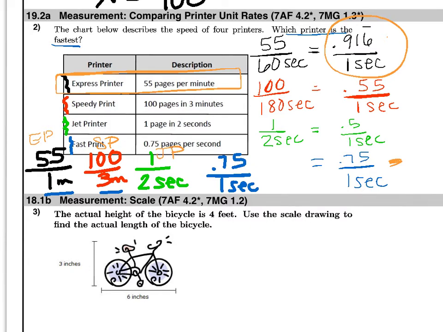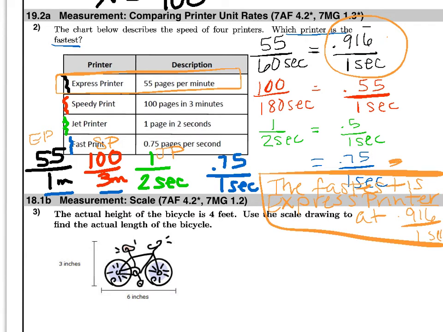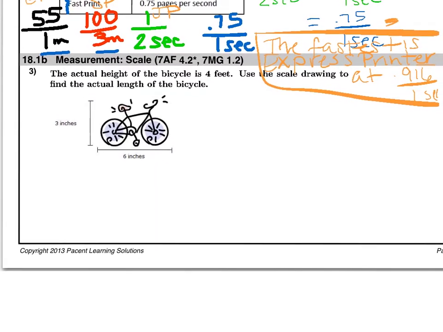And then you need to say the fastest is Express printer at 0.916 repeating pages per second. Then you would box this answer. All right, so that's how we're going to do it for the test tomorrow. I want to make sure that you show all of this work in a logical fashion. I used color coding, but if you don't have color coding, then put all of your Express printer work together, all of your Speedy printer work together. I should see where you did your conversions and how you figured it out.